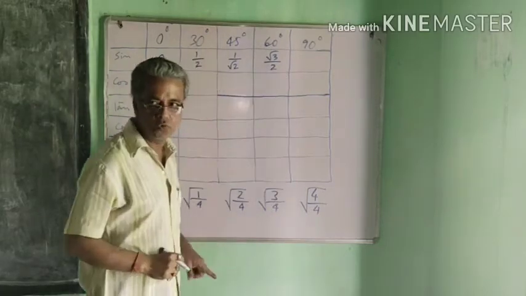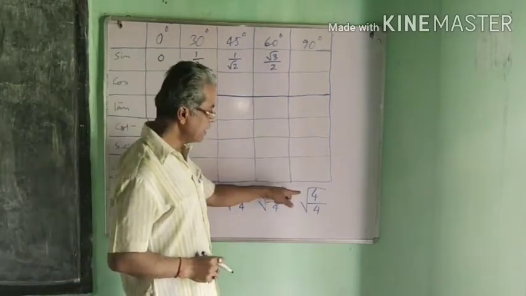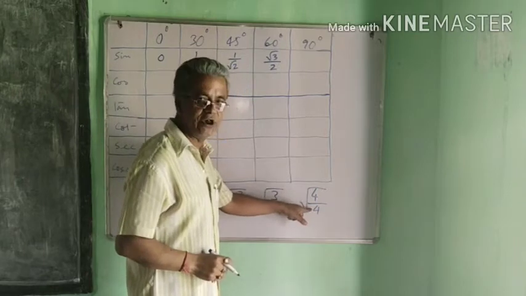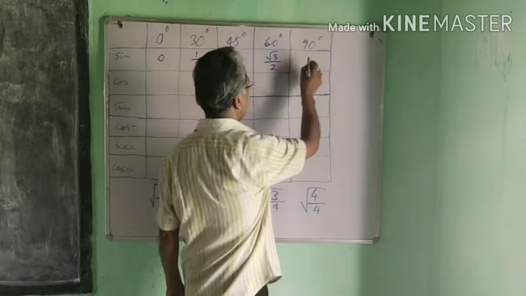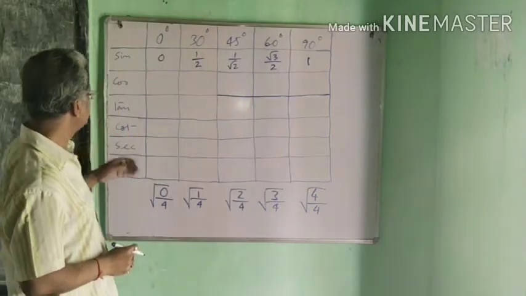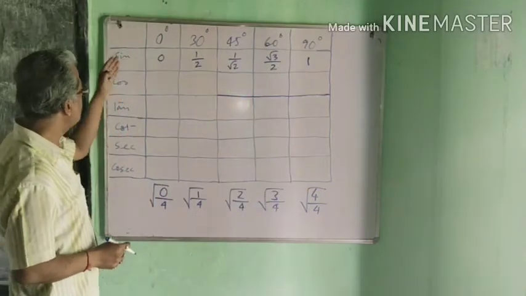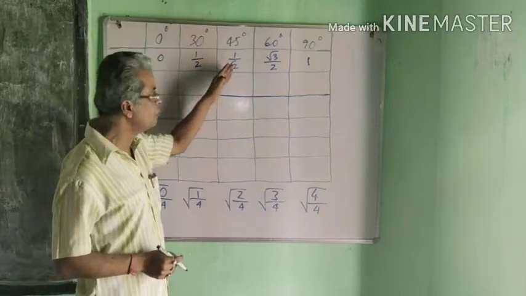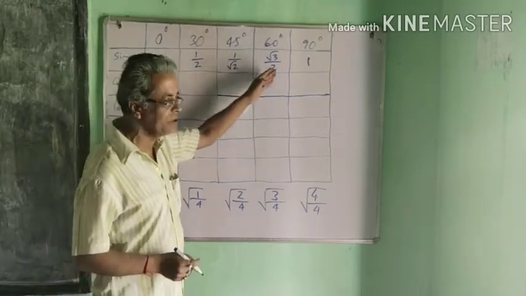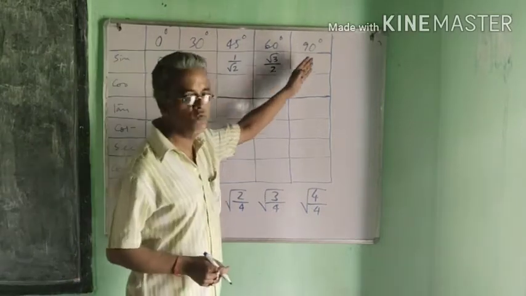So root 3 by 2. And sine 90 degree, 4 divided by 4, quotient is 1. Square root of 1 is 1. Thus we get sine 0 degree is 0, sine 30 degree half, sine 45 degree 1 by root 2, sine 60 degree root 3 by 2 and sine 90 degree 1.